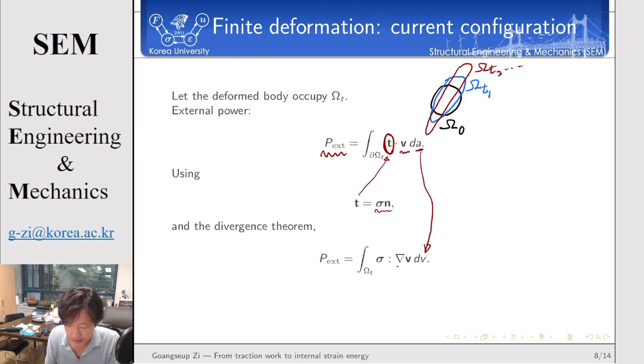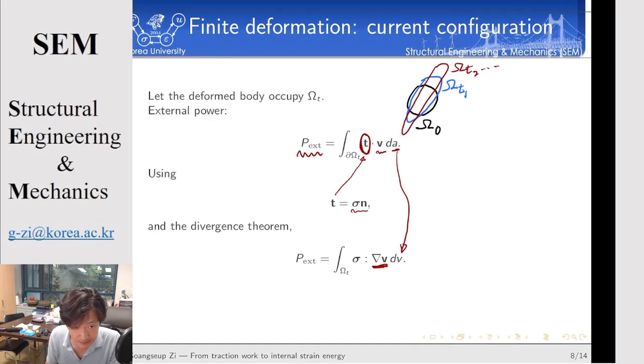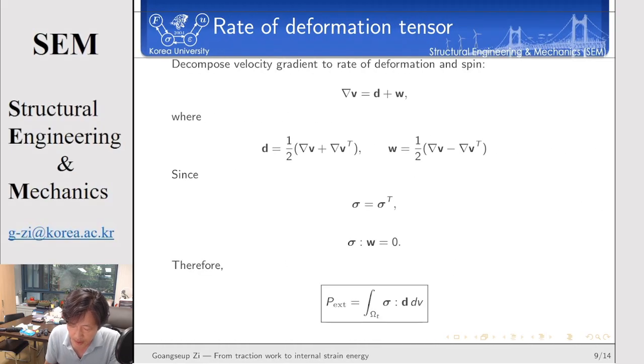So similar to last time, I have the gradient of velocity, and this is called the velocity gradient tensor. Again, the velocity gradient tensor can be decomposed into the rate of deformation and the spin tensor. The rate of deformation is nothing but the symmetric part of the velocity gradient, and this is the anti-symmetric part.